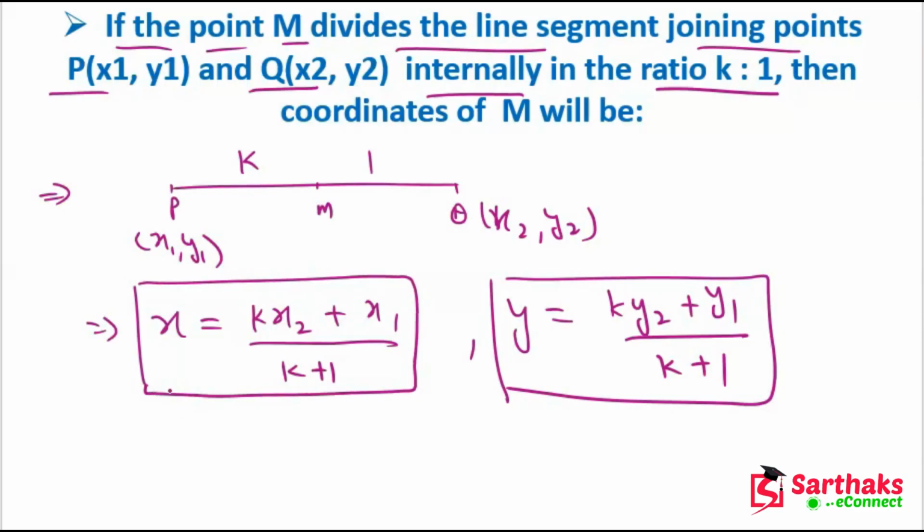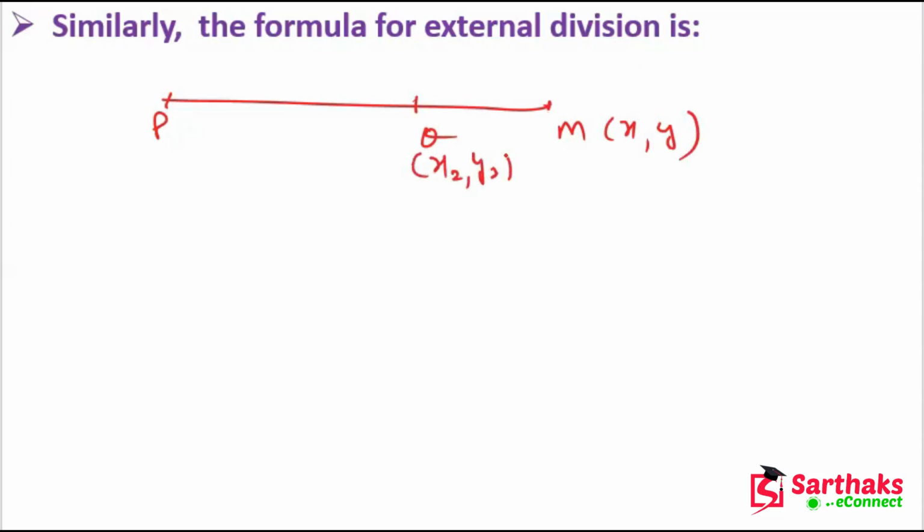Similarly, if this point cuts externally in the ratio k:1, we have P, Q and point M(x, y), with Q(x2, y2) and P(x1, y1), and the ratio is k:1.